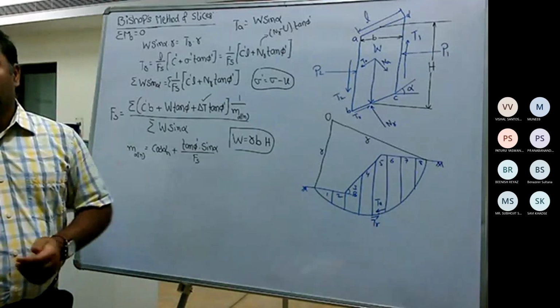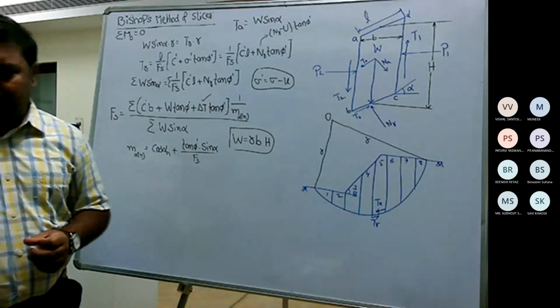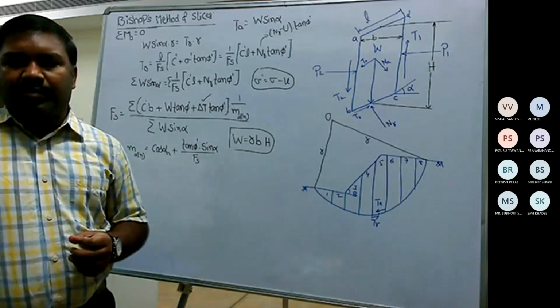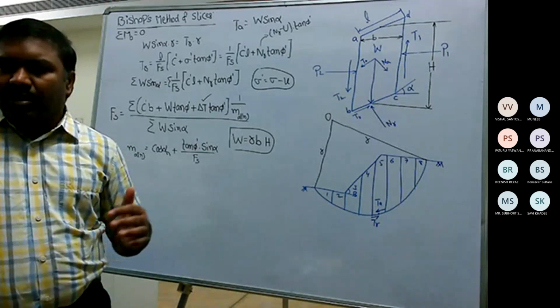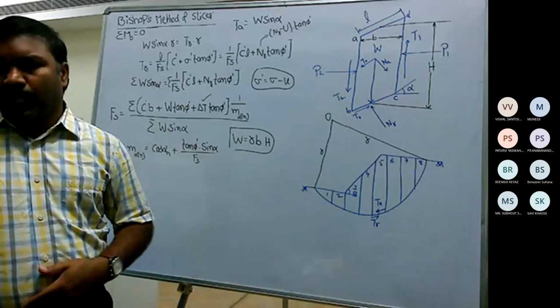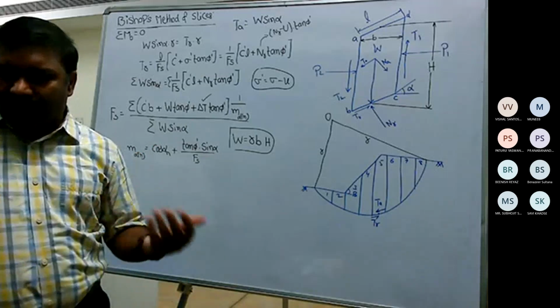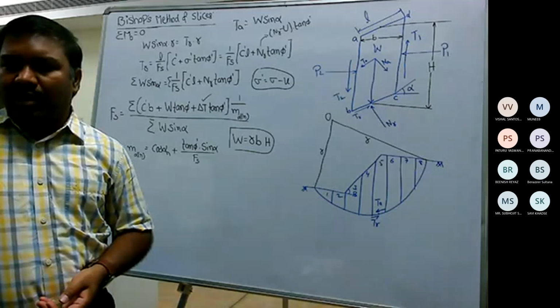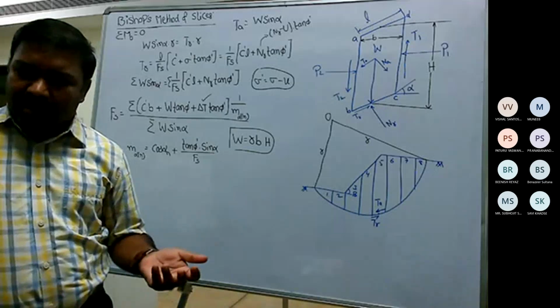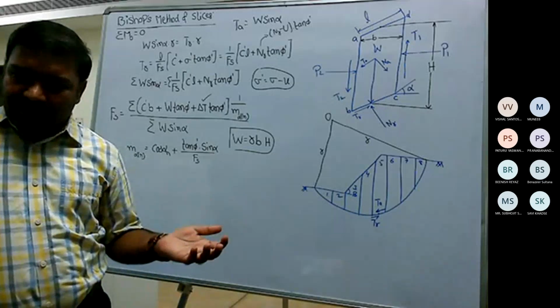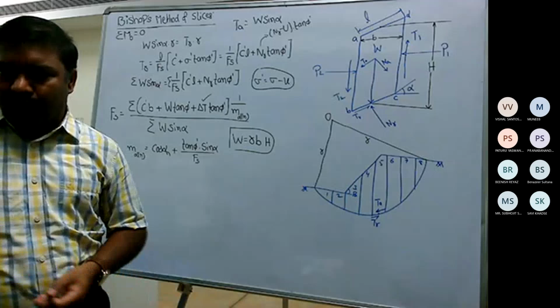Because if you recall, over the last 4 to 5 classes we were discussing the derivation of factor of safety equations considering several procedures. We have considered the friction circle method, the phi equals 0 analysis, or C-phi method, finite slopes, infinite slopes, and so on.